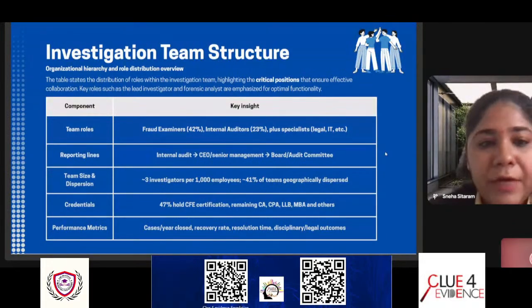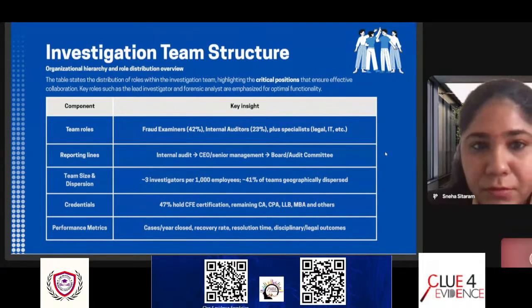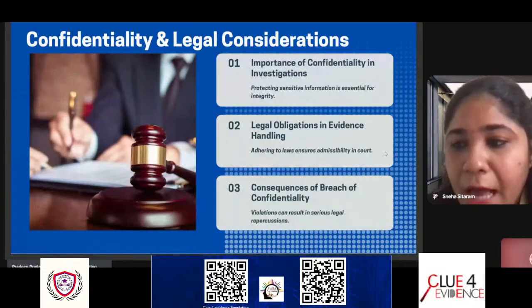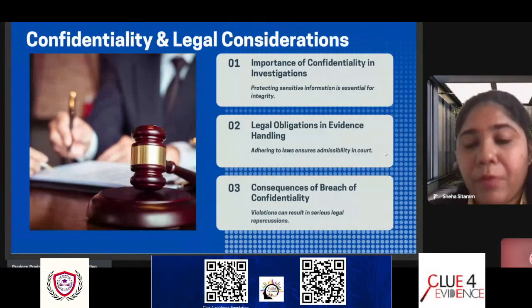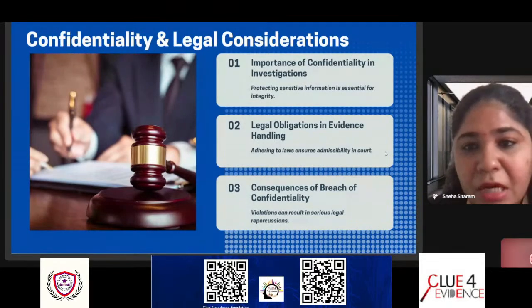Okay. Apart from that, we can move to the next slide. So this comprises the investigation team structure. There is also one important point to note: a weak team composition.